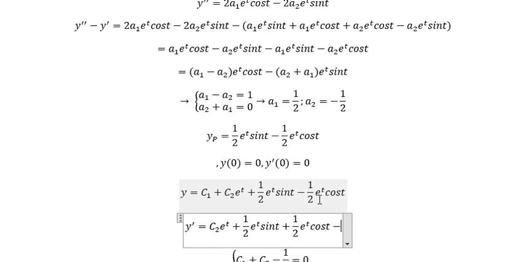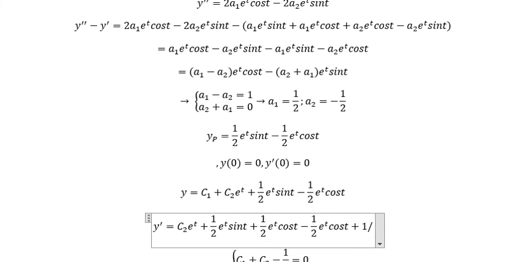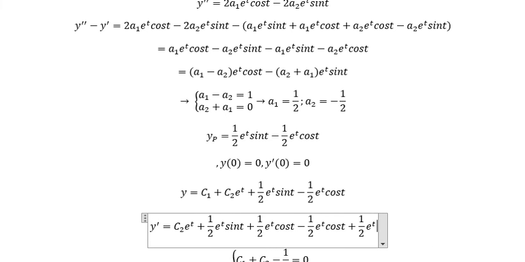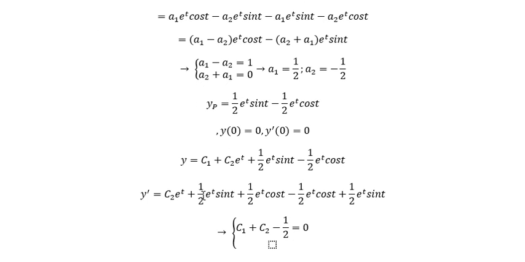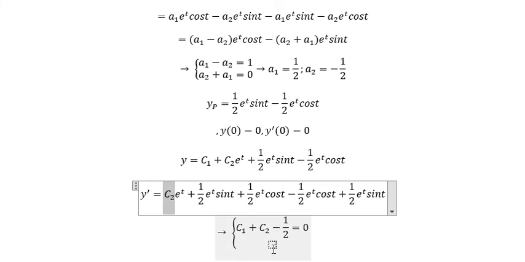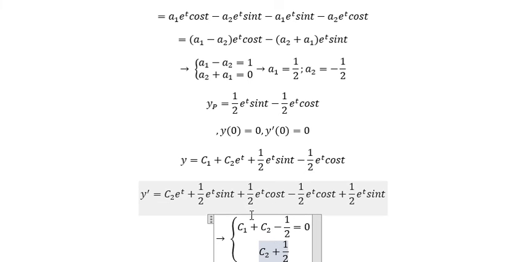So we do first the derivative of this one. We put t equal to number 0, you got about C2 in here. This one you got about 0, this one you got about 1 over 2.